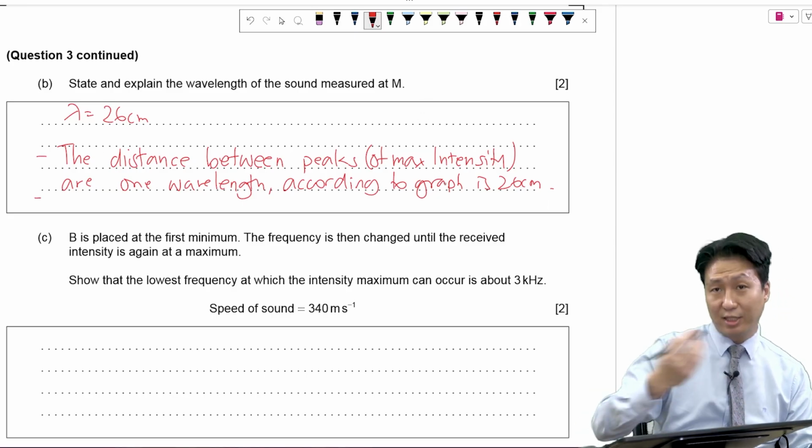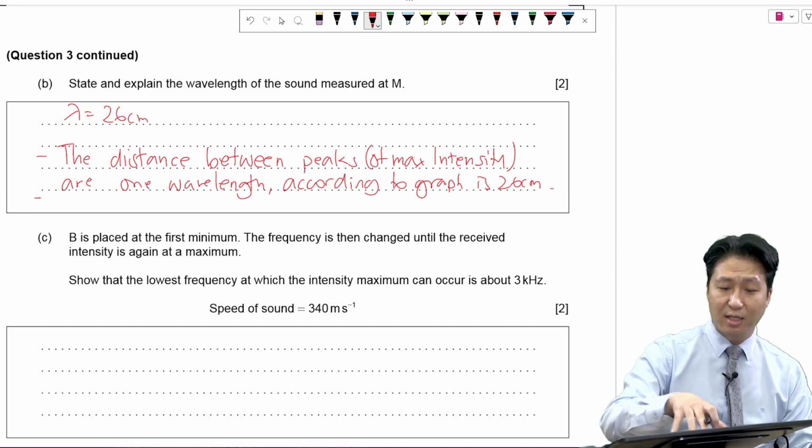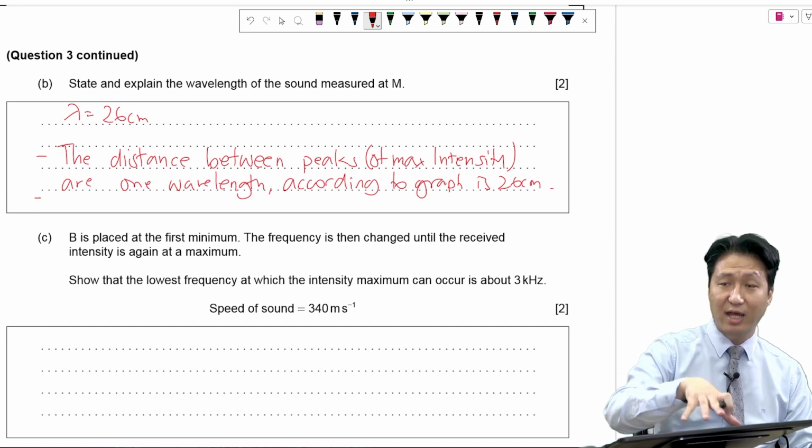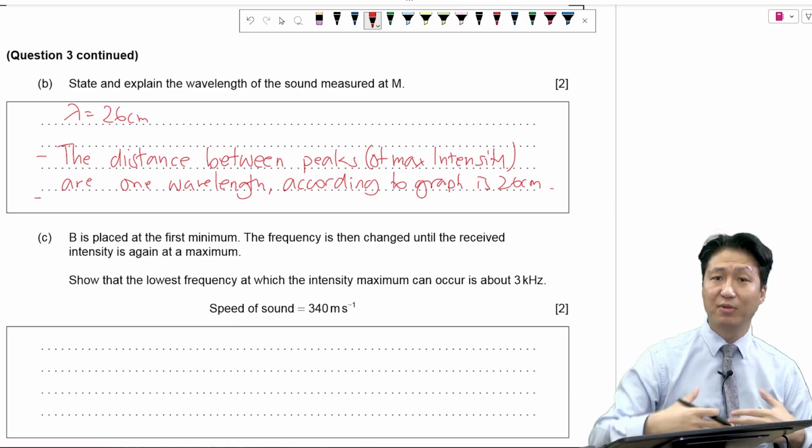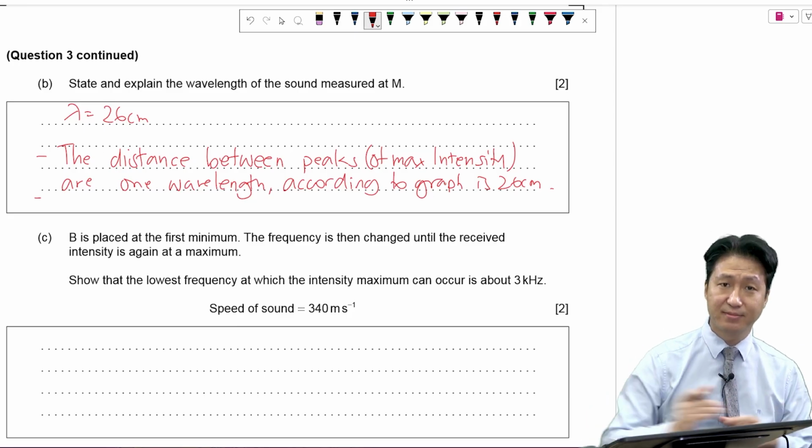And if you would like, one other way to explain this is, in order to have constructive interference again, you have to move exactly one wavelength to be back in phase with the original wave.